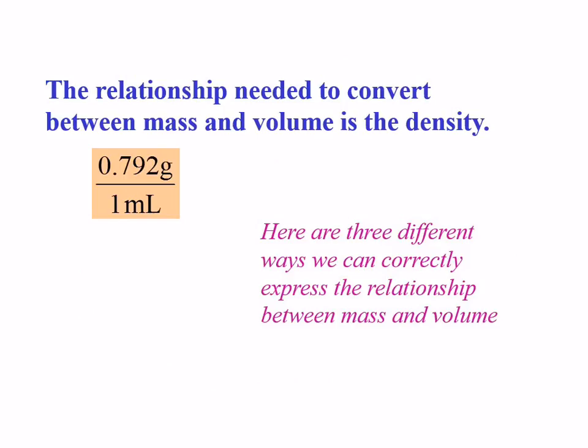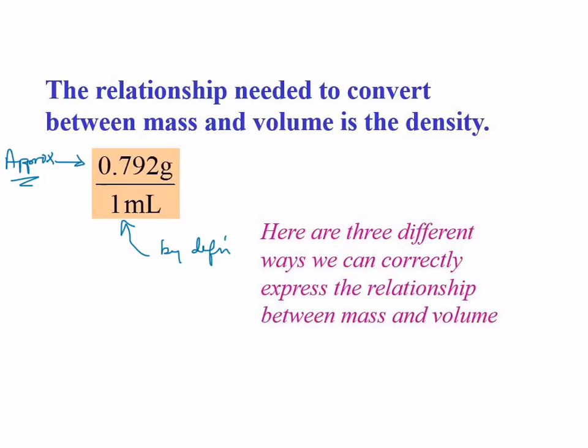It means, in this case, 0.792 grams in 1 milliliter. And we've talked about, when we unpack, the first number is approximate, and the 1 milliliter is by definition. In other words, the 1 in 1 milliliter brings no uncertainty.